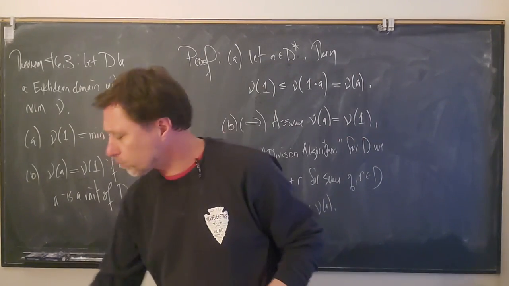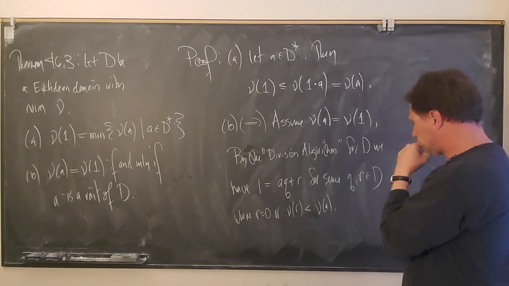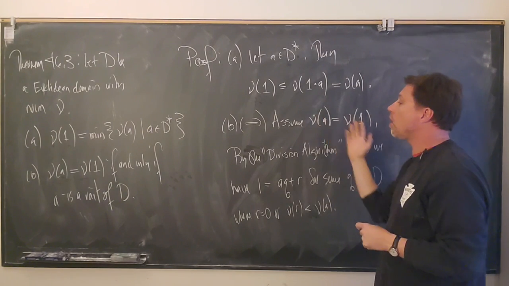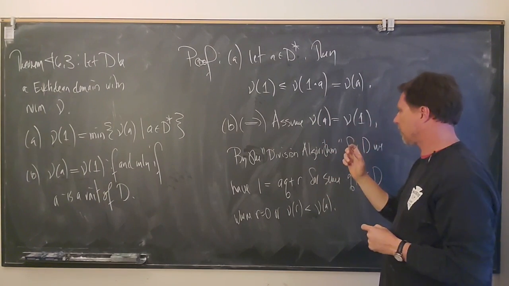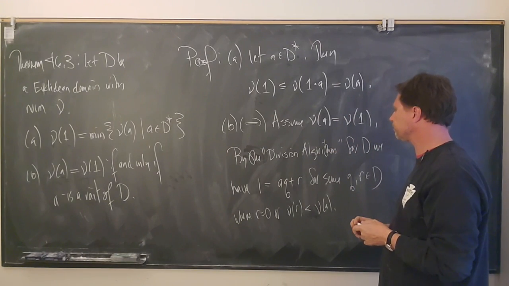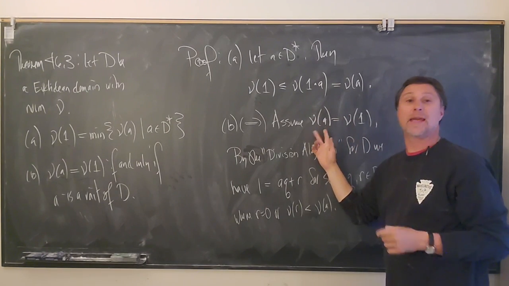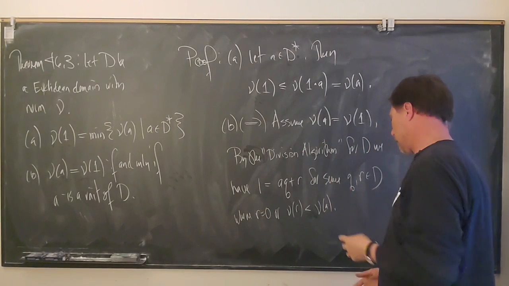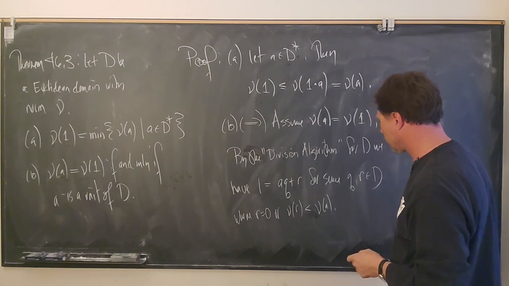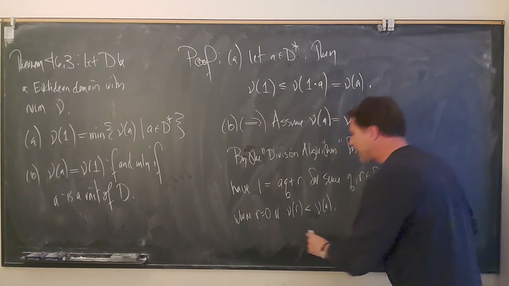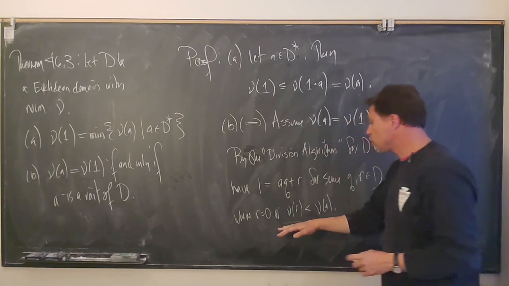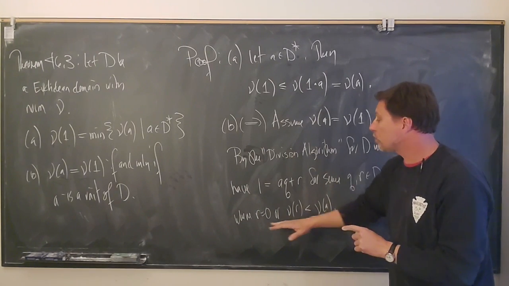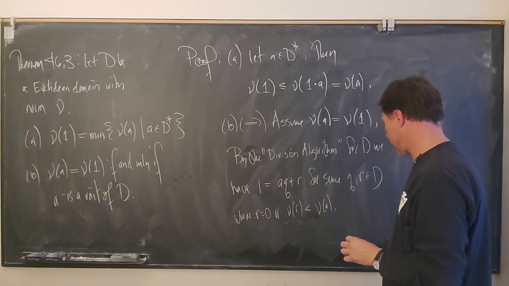All right, so now what? Well, the norm of 1 is minimal amongst all non-zero elements of D, which tells us that the norm of A is minimal amongst all elements of D star. So what are our options? We can't have any element whose norm is strictly less than the norm of A, which forces us to conclude that R equals 0.